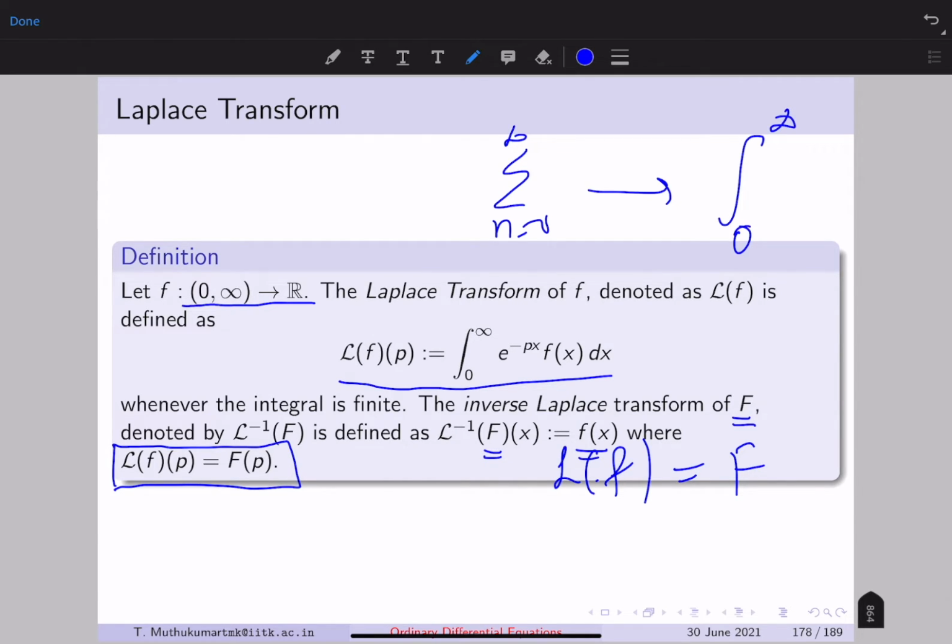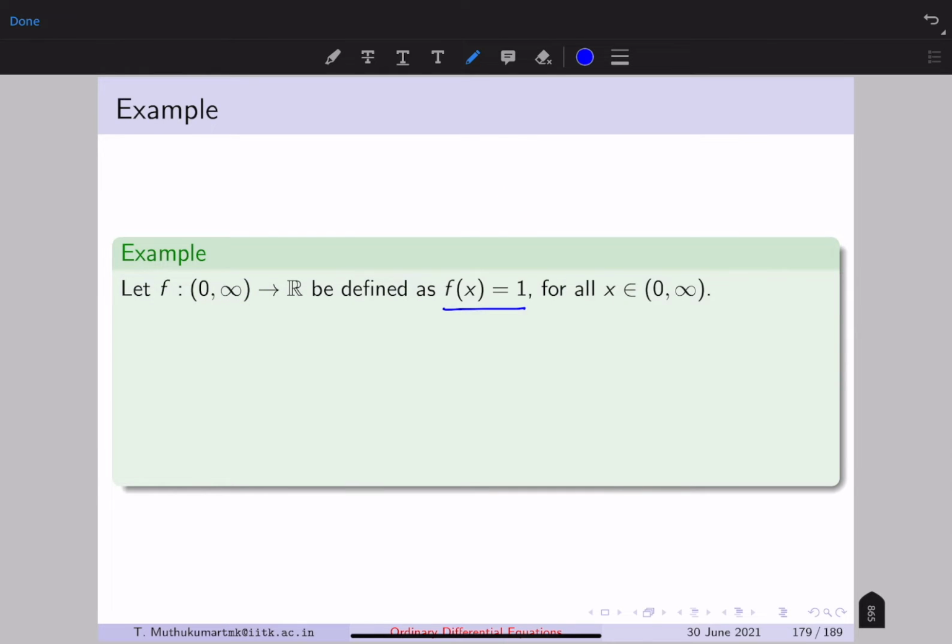It makes sense for x from this domain, and that's what we will be using in this course. So let's take the constant function 1. You are taking a constant function 1 like this. This is your f.